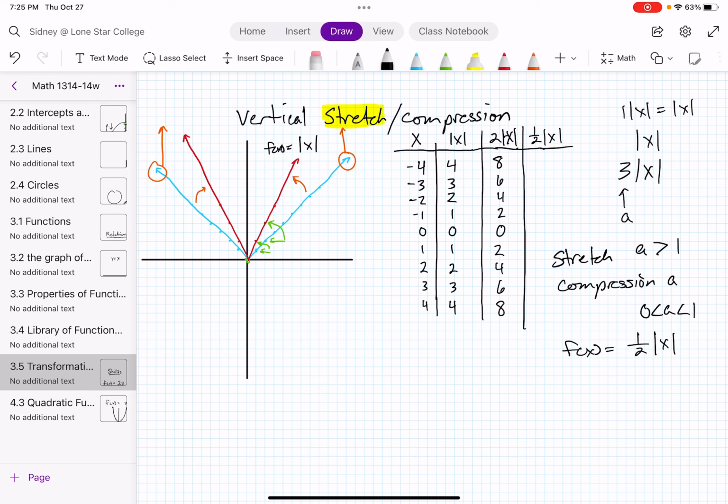So I know what my original outputs were, but they're going to be half as big. So the original absolute value of -4 was 4, but it's now going to be half that size. It's going to be 2. Originally absolute value of negative 3 was 3. Now it's going to be 3 halves. 2 becomes 1, and then 1 becomes 1 half. Half of 0 is still 0.